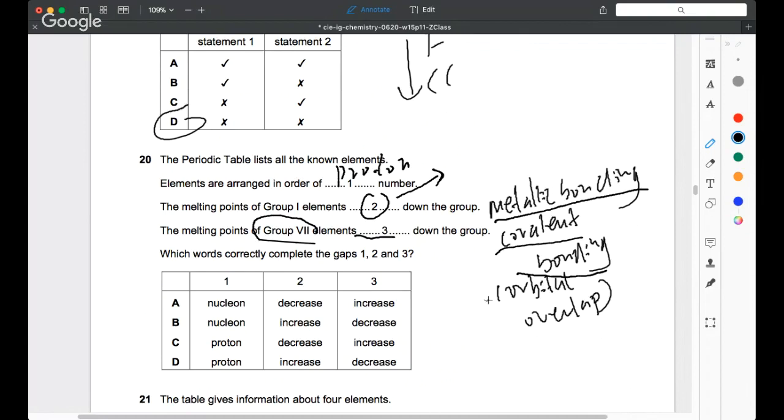So the further down the group, the bigger the size of the halogen atoms, so the better the orbital overlap. So the higher the strength between the atoms. So the higher the melting point. So proton decrease, increase. The answer here is C.